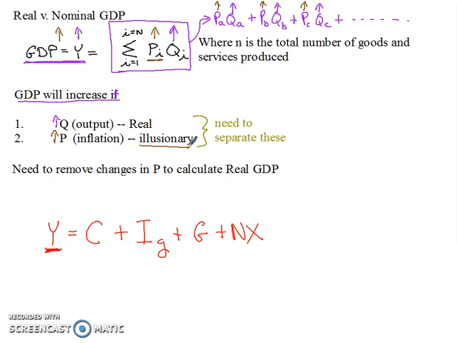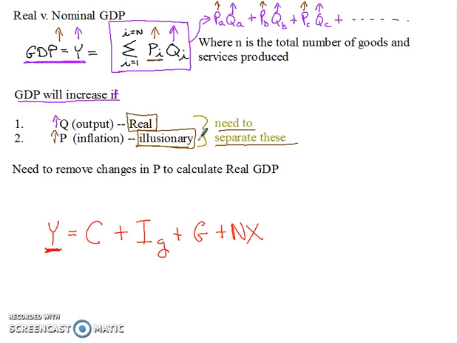So there are two types of increase in the gross domestic product. There are real increases and there are illusionary increases, and we need to separate those out. When we are studying gross domestic product, we need to figure out whether the increase was real or illusionary, so that we can accurately measure whether or not we as a society are increasing production.